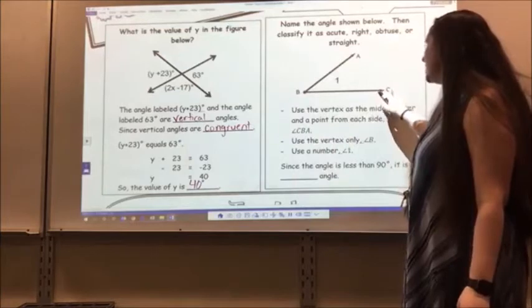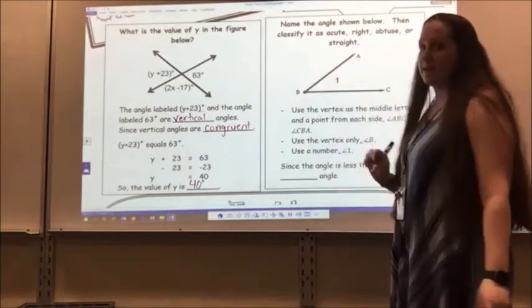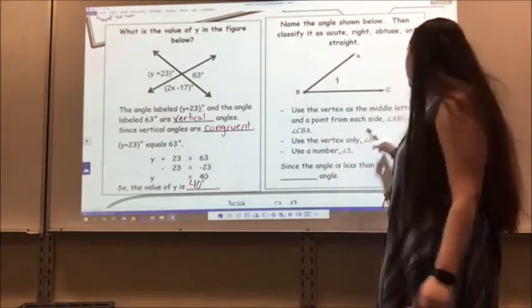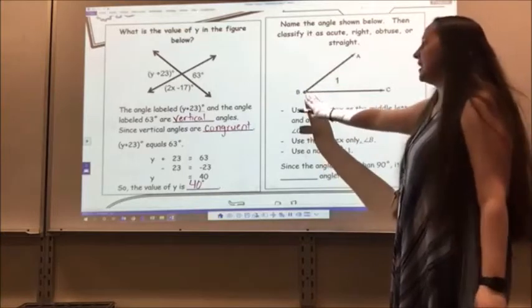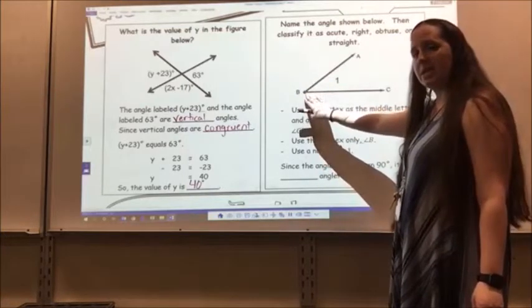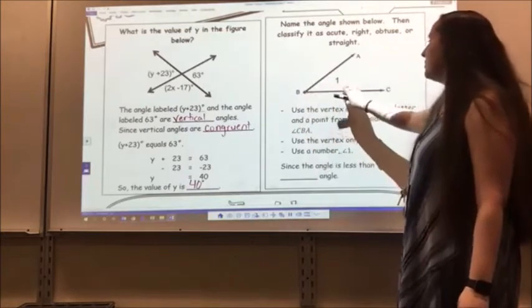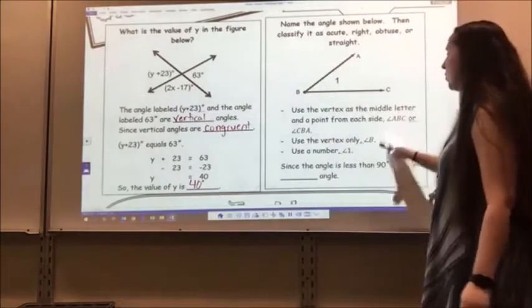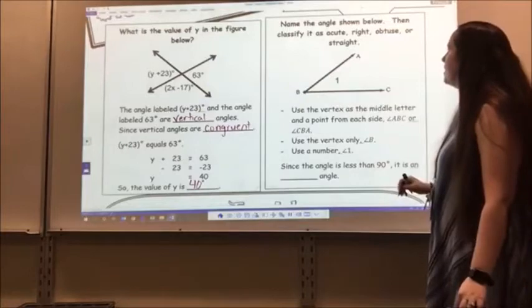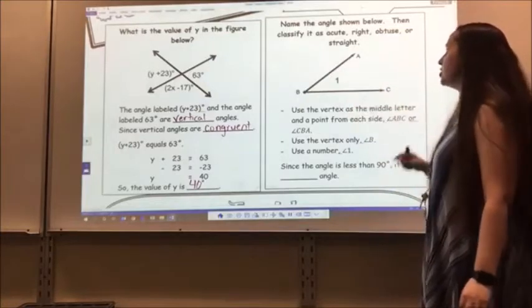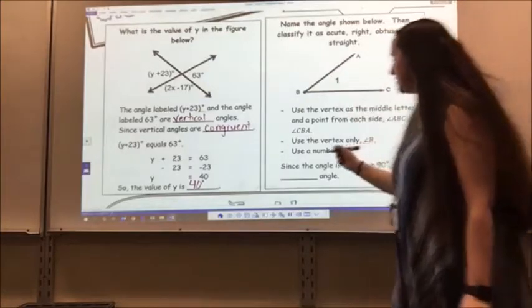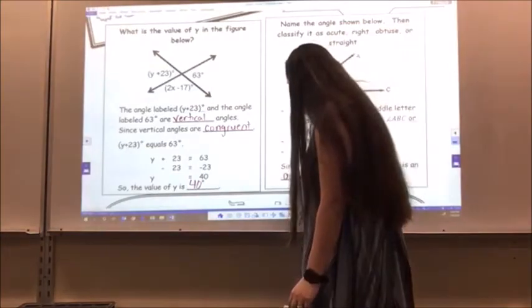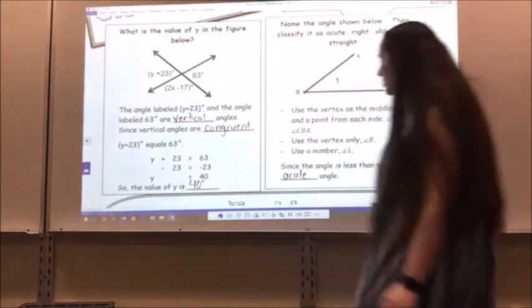Then I can do C, B, A. So that's 2. So A, B, C, C, B, A. I can label it just using B, the vertex, and I can label it just using the 1 here in the middle, okay? So those are the 4 ways I can label it. And then I want to classify this as acute, right, obtuse, or straight. Well, this is an acute angle because it's less than 90 degrees.